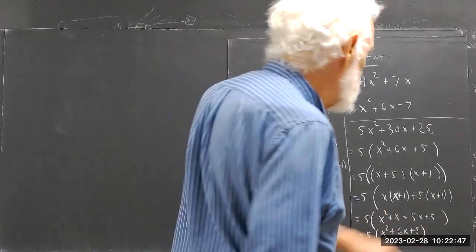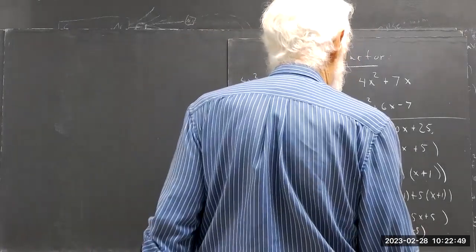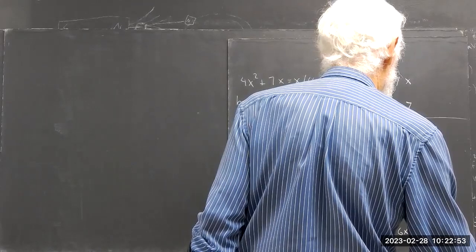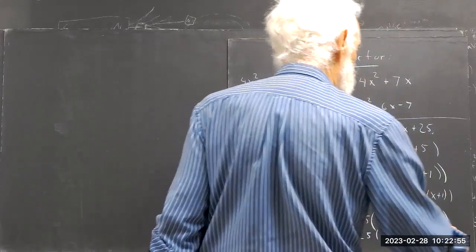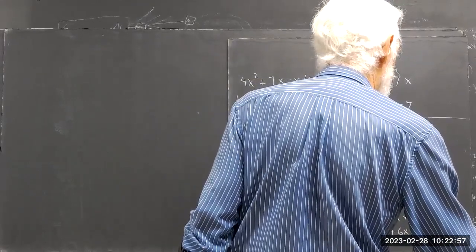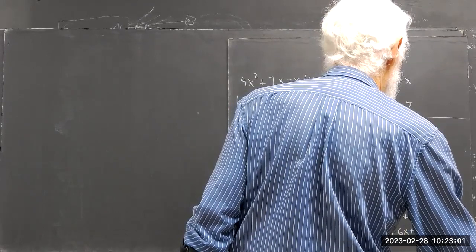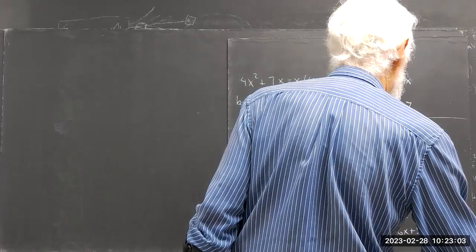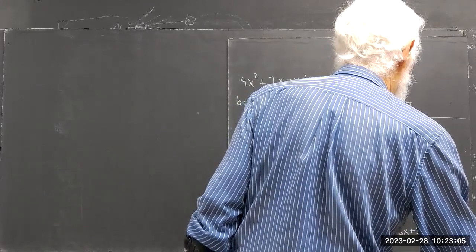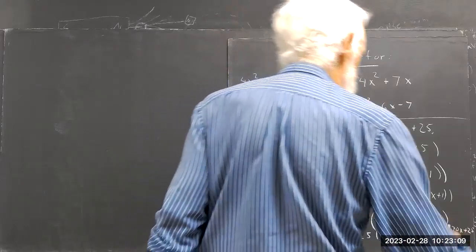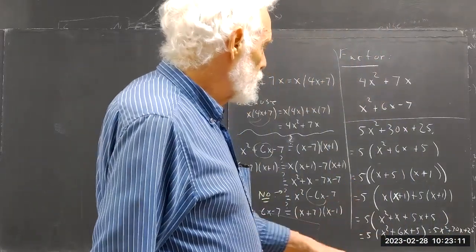So when we multiply this out, we get 5 times x squared, which is 5x squared, and 5 times 6x, which is 30x, plus 25. And that's written kind of small, but everybody got it.